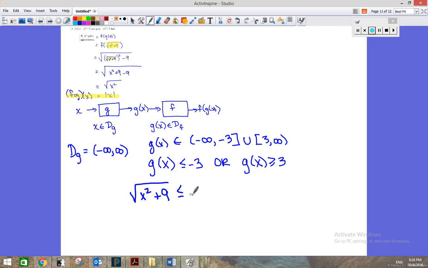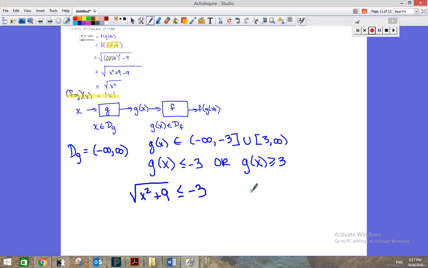No way, Jose, is a radical ever going to be negative. This is saying less than negative 3. There's never going to be an output of g that's in here. So that's a little bit concerning, because that's what f wants to see, is numbers that are smaller than negative 3. But f also likes numbers that are larger than 3.